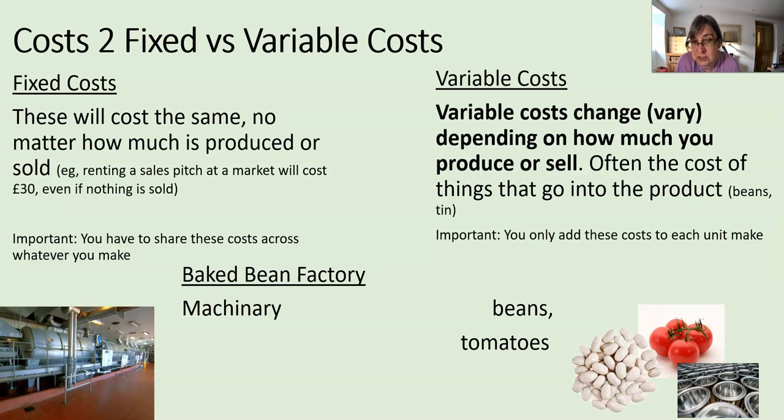But wages are sometimes piece rate, so people are paid more if they produce more. For example, delivery drivers for Deliveroo, and those are then variable, so steer clear of things like that. Big pieces of machinery are useful, and ingredients are good as well.